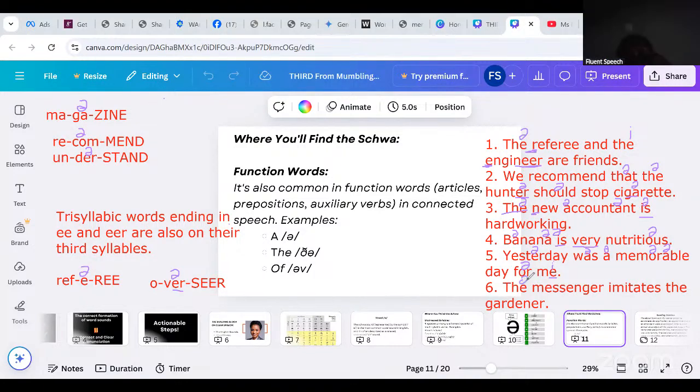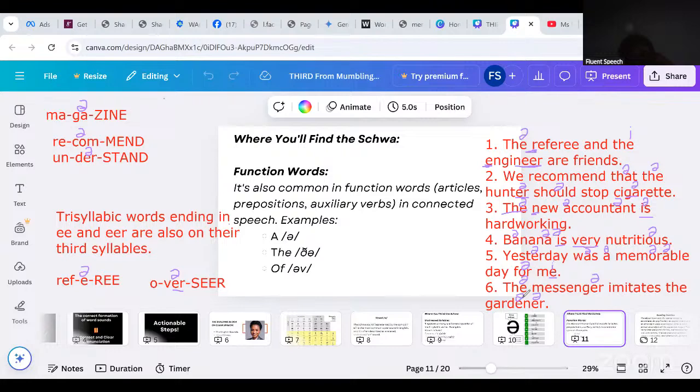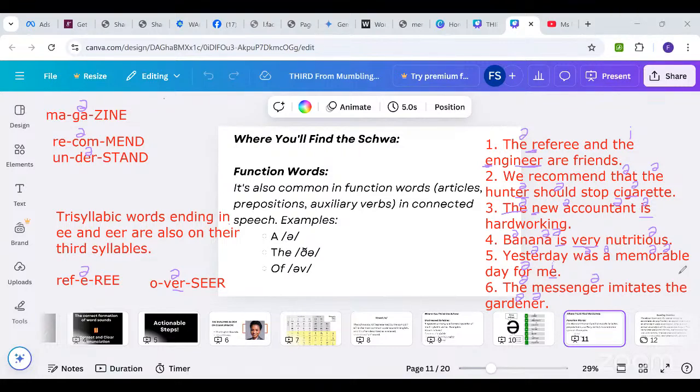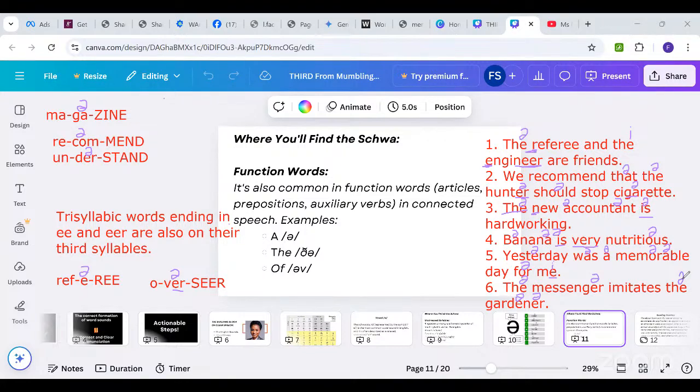The messenger imitates the gardener. Is there any other function words rather? Yes, the two "the" are there. So please read the sentence, ma'am. The messenger imitates the gardener.